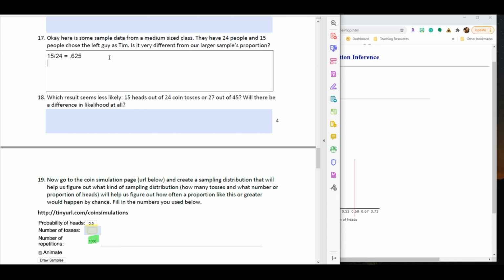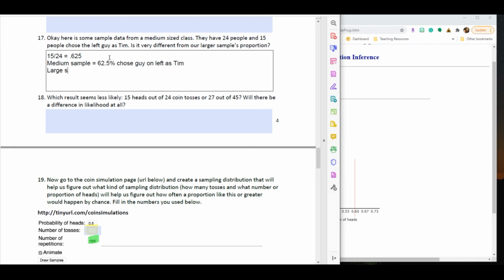Is this very different from our bigger sample that we started with? Let's call this the medium sample equals 62.5%, just because I think percentages are easier to understand. I know it's exactly the same thing, but for some reason it's easier to understand out of 100. So the medium sample, 62.5%, chose the guy on the left as Tim.